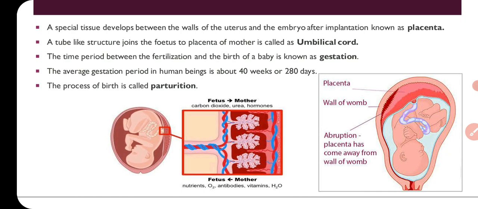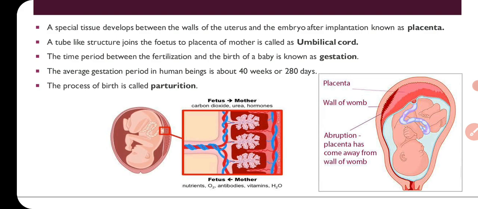It is called the umbilical cord. The time period between fertilization and the birth of a baby is known as gestation. The average gestation period in human beings is about 40 weeks or 280 days.